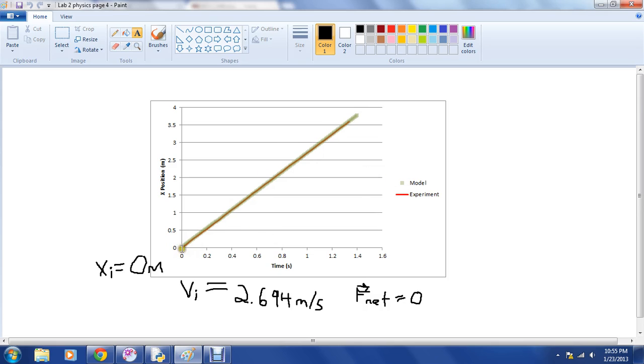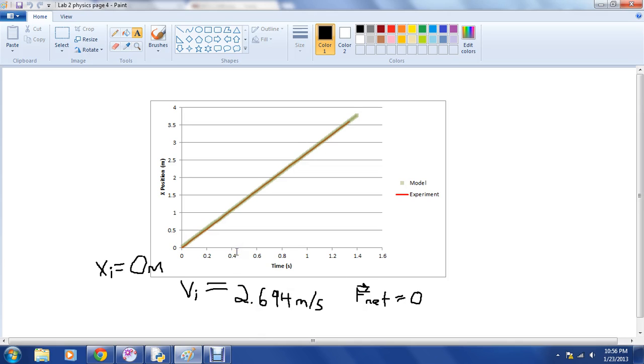As you can see, it starts from 0, which would be the origin, since the bike tire started at 0, and you can see that they're fairly straight, both of them. That's because the velocity is constant for both of them, since F net is 0, and they are so right in tune with one another. They have pretty good agreement between the two, which means they're a really good representation of each other.